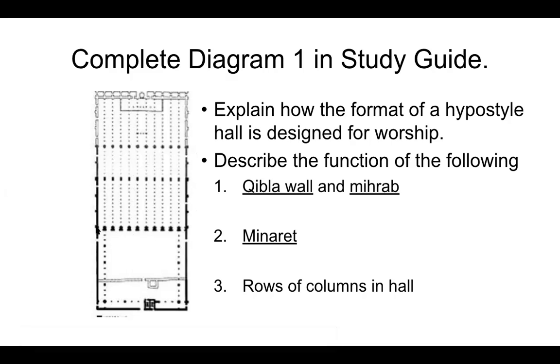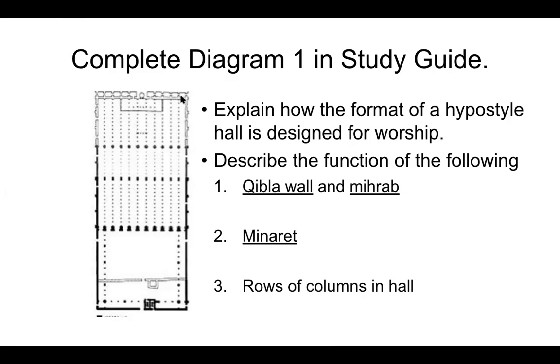And then if you look across here, there's a series of dots that go the whole entire length, right? Those dots are columns, and that's what makes this a hypostyle hall. This would have had a roof that covered rows of columns. So you'll notice once again that everything is directed towards this wall here.